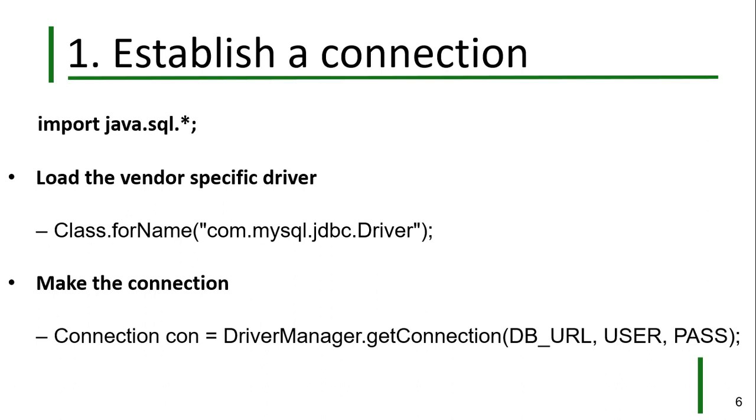The database server is running on a specific port number, so we have to specify it. In MySQL, there is a default port number that we need to use. Then the username and a password for getting entry into that particular database.